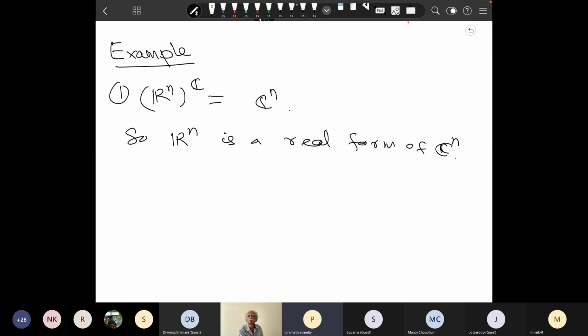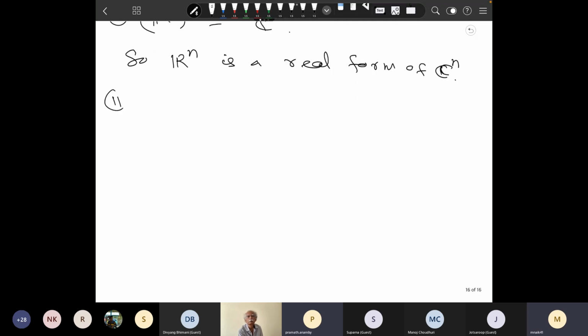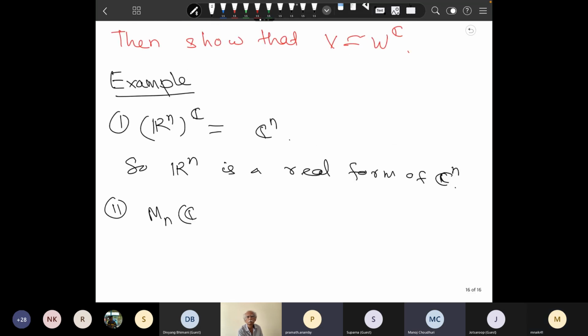If W is a real vector space, then WC is called the complexification of W, and W is called a real form of WC.